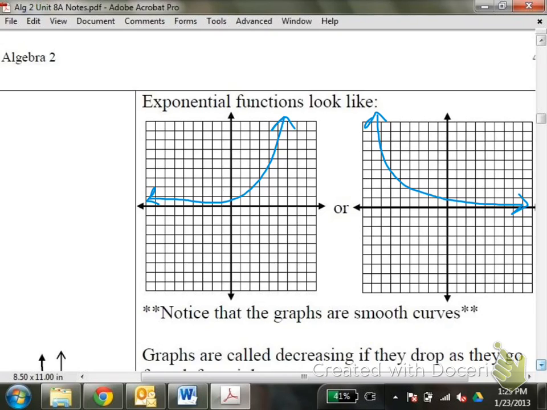So there's 2 types of exponential functions that we will be working with. I also want you to note that these are smooth curves, meaning that if you are actually plotting points, you're not going to draw straight lines in between each point. You want to try and make the curve as smooth as possible.